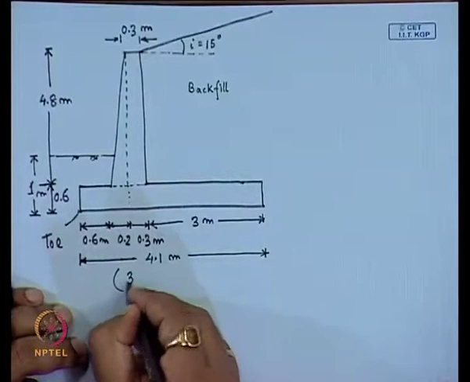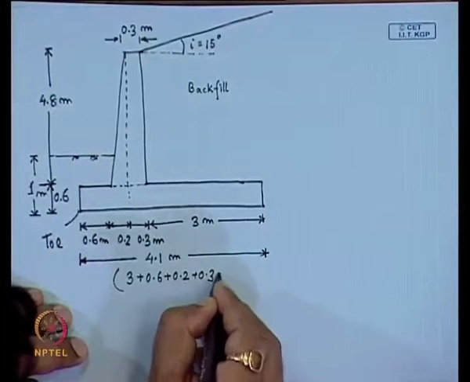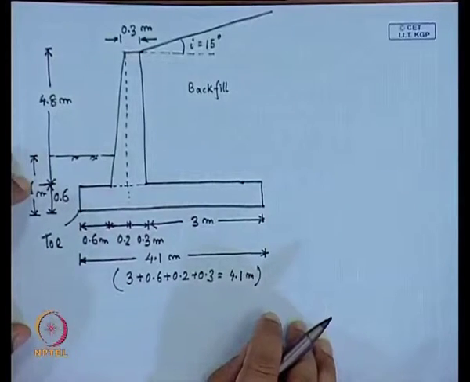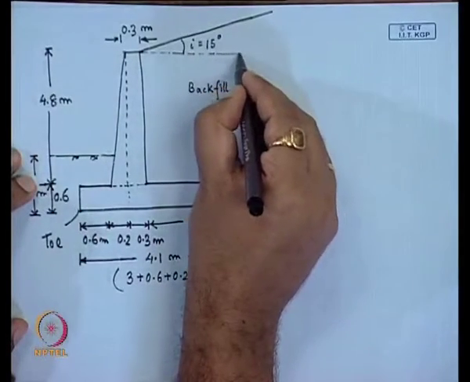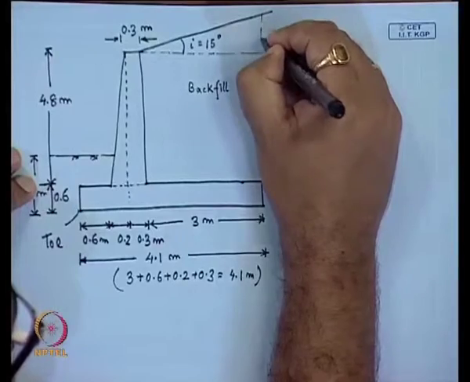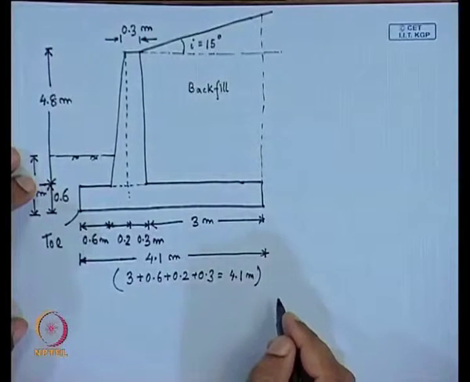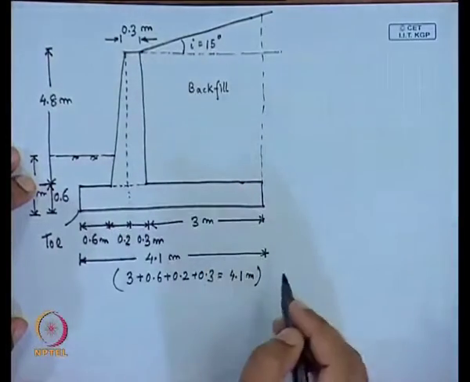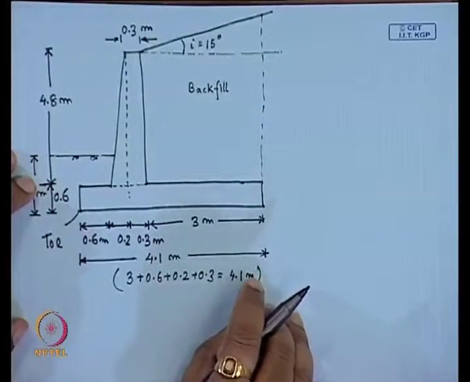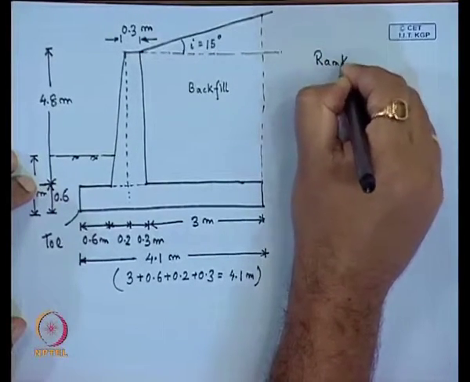Now, we can extend the vertical line passing through the edge of this retaining wall. We will solve this particular problem by using Rankine's theory.